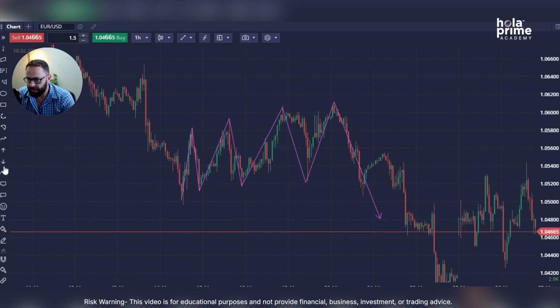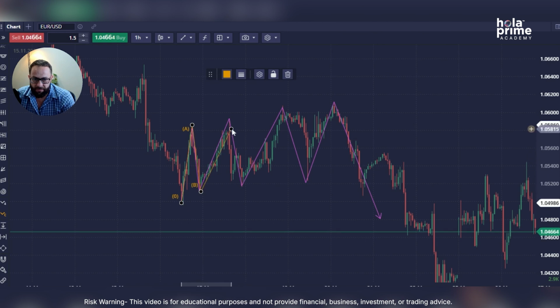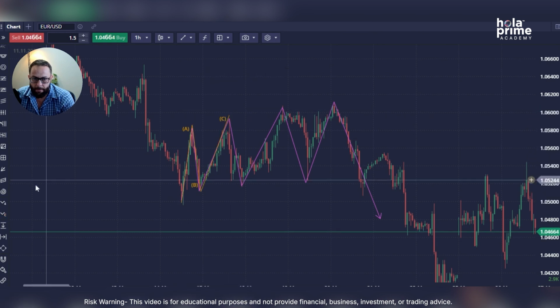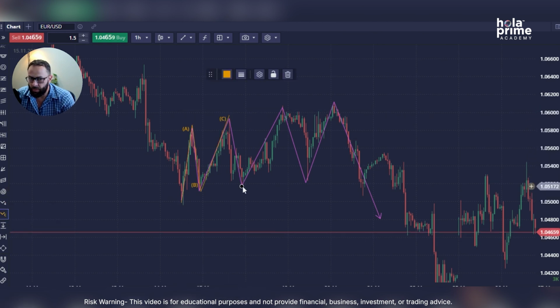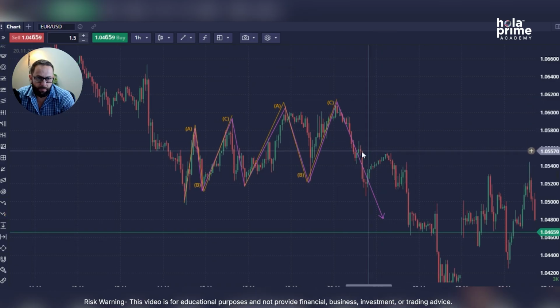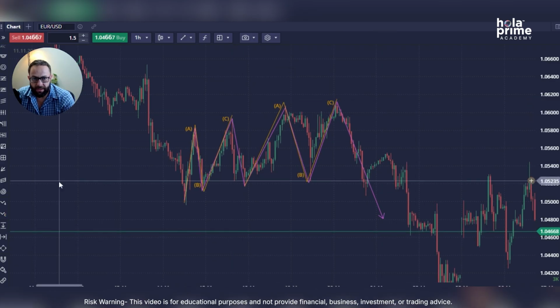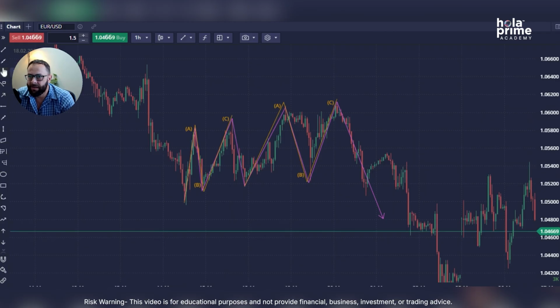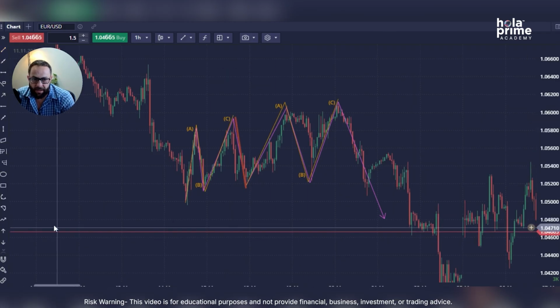All right, let me just go and grab my labeling tool. So this would be your first ABC. And then we have another ABC. Both of them joined together by a WX axis. Let me go mark that up, make that red again.